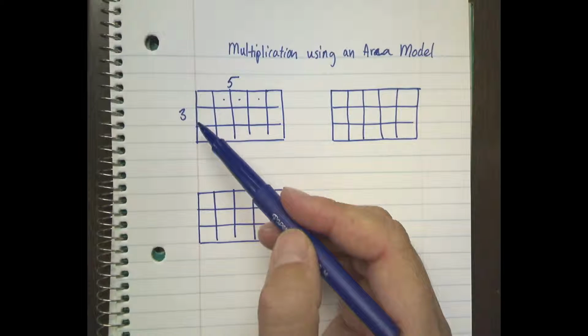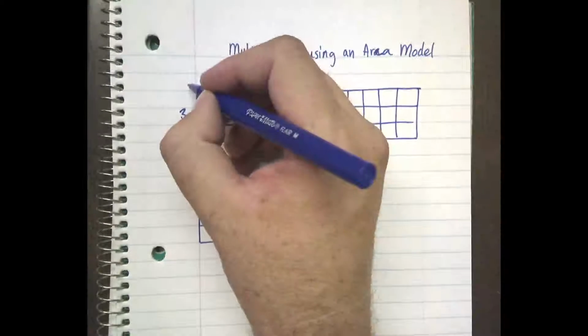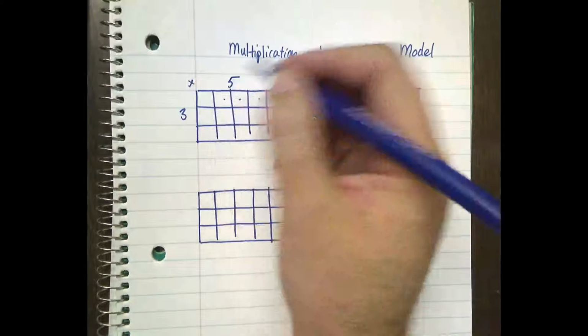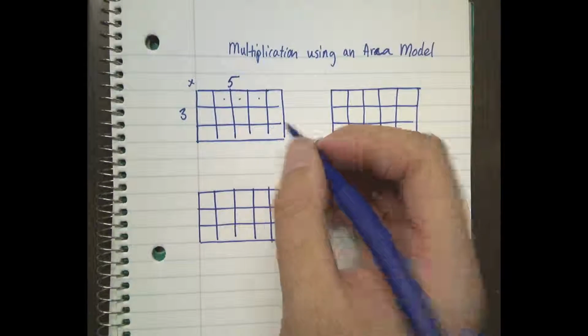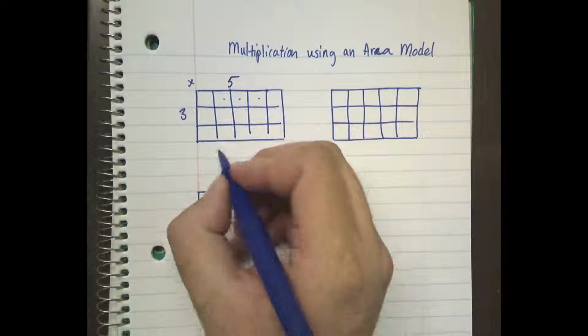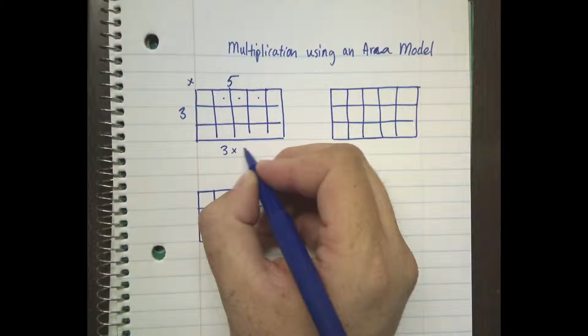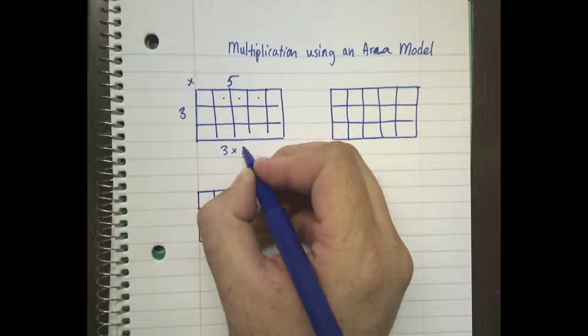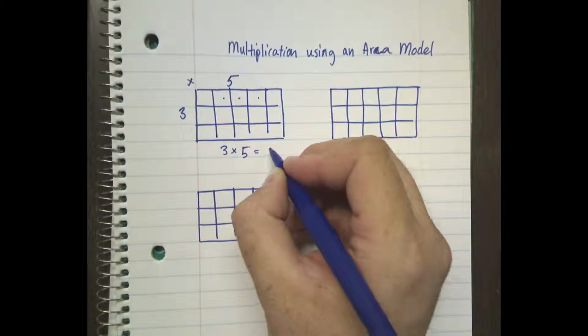So it will be 3 times 5, is 15. That should give me the total number of tiles that I need, which is 15.